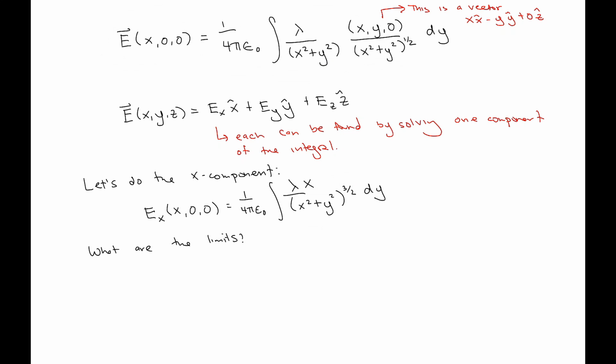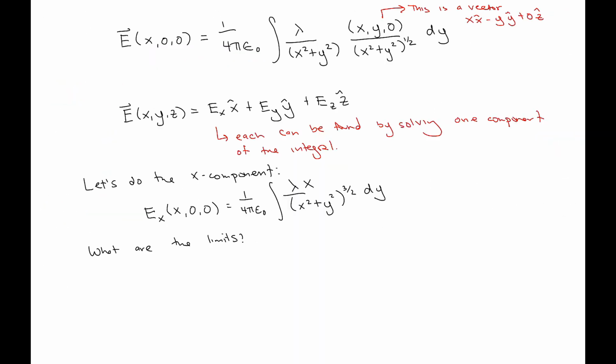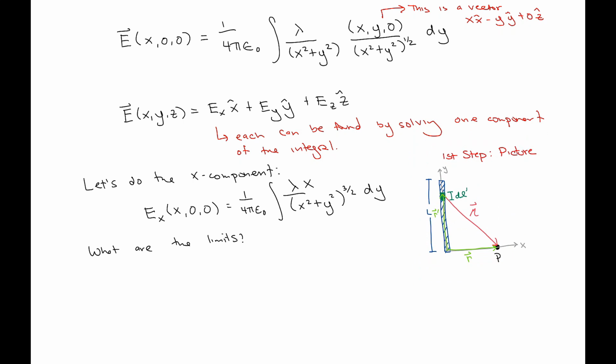To figure that out, let's look back at our picture. I'm going to cheat a little bit. I'm going to copy this picture and throw it back over on this slide. If I look at our picture, I want to integrate all of the charge along this rod. That's what this dy represents. The rod starts at y equals L and ends at y equals 0.